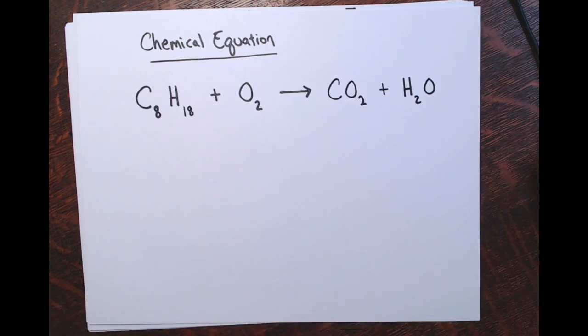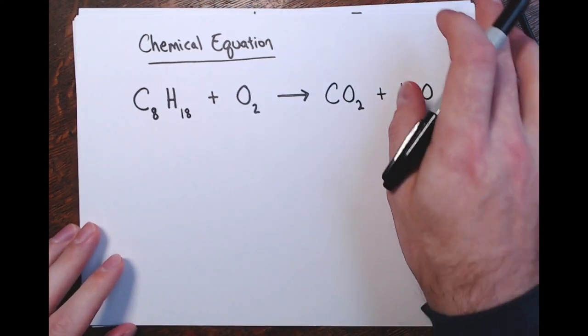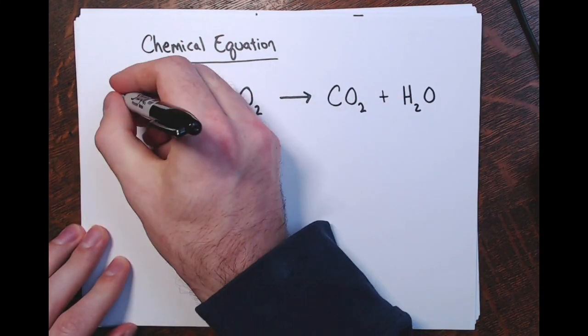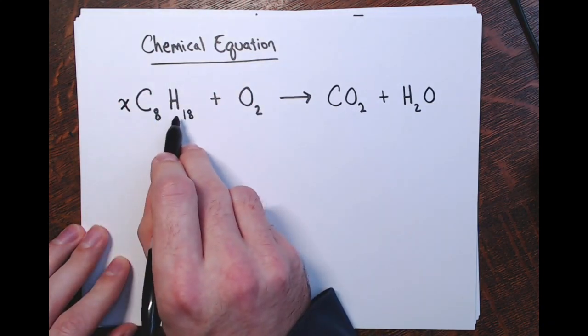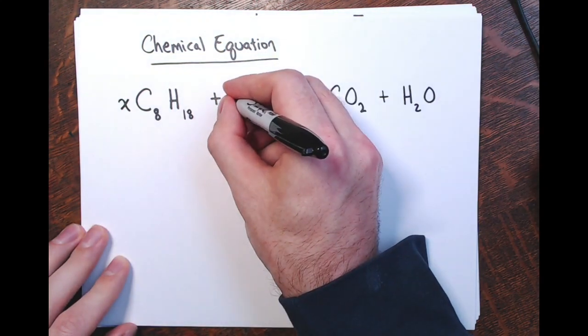This is not balanced. So they said, let's use variables, because I don't know what the coefficients need to be. I don't know how many of each molecule I need. So let's call this X. X is the coefficient of this molecule here, the C8H18, plus Y times the O2.